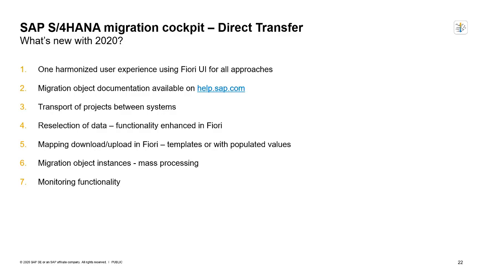You have the possibility to reselect the data, a functionality enhanced in the Fiori tile. You can download the mapping templates and mapping values and upload them back in Fiori. You can perform mass processing, and you also have monitoring functionality where you can check your running activities, completed activities, and all your logs after the migration project.